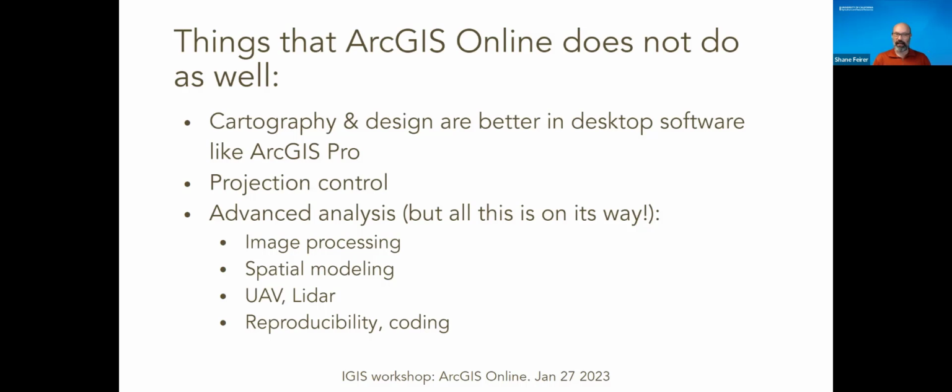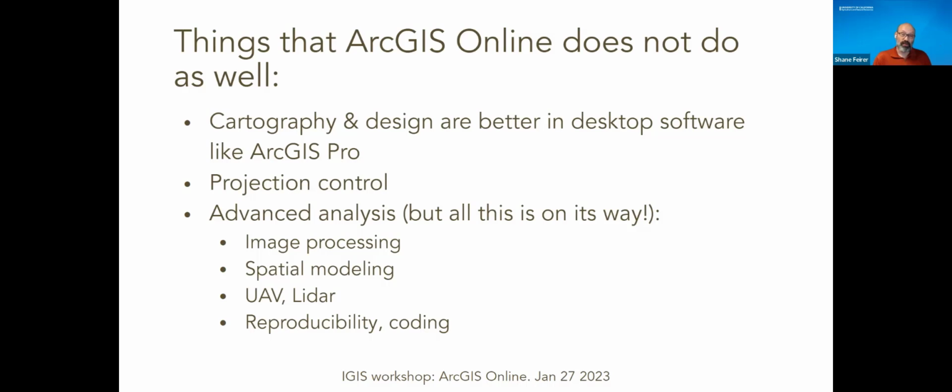ArcGIS Online, initially, at least out of the box, the projection is Web Mercator. And there are definite trade-offs with different projections. I'll try not to get into those too much, but basically every projection is a trade-off between distance and area and shape. And the one we're using here is called Web Mercator. It really allows you to have a wall-to-wall surface of the entire world, and distances are off and areas are off.